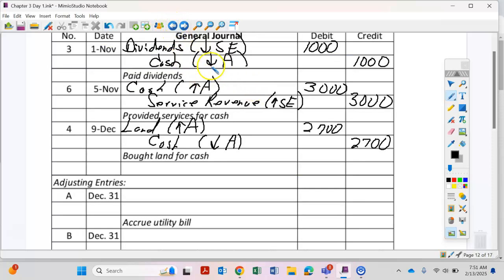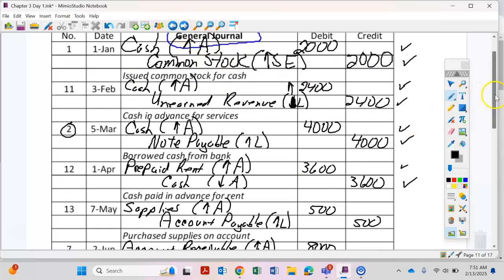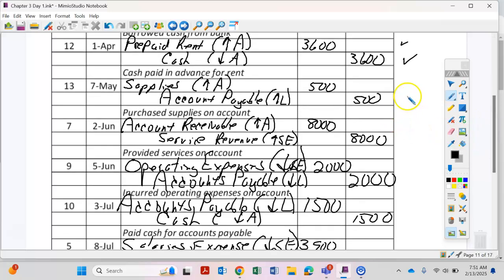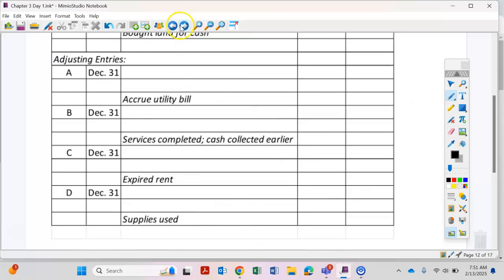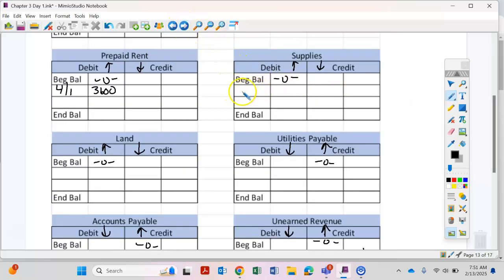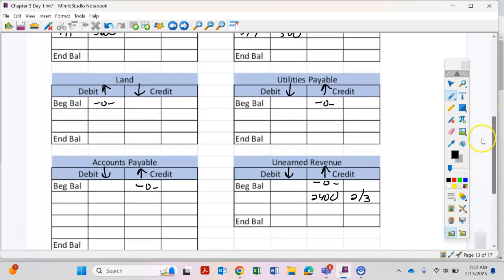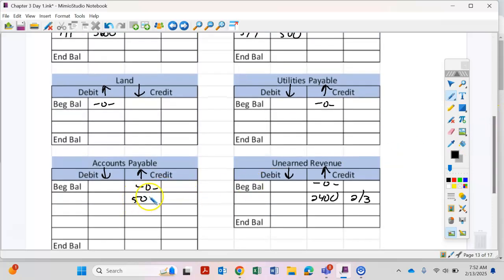Okay, and then just keep going along. And again, you may want to pause and then just do your own and not listen to me. I'm sure this is not the most riveting. Okay, debit supplies, credit accounts payable, May 7. So May 7, debit supplies, 500. And then accounts payable was the credit. So put it in the credit amount, and that was May 7.